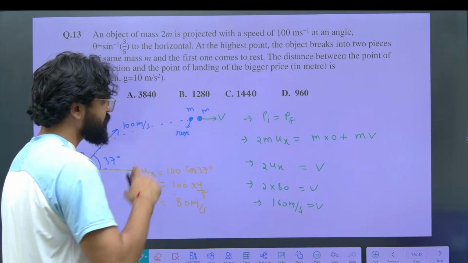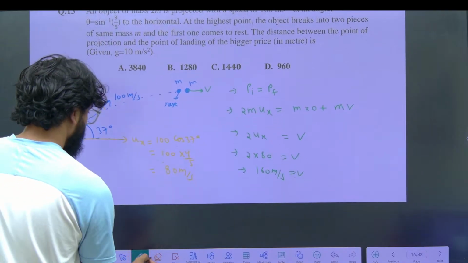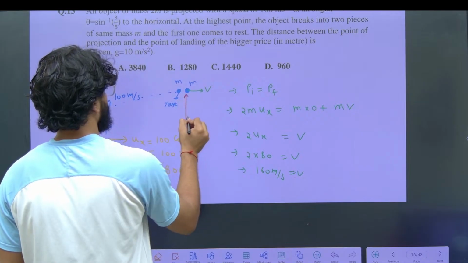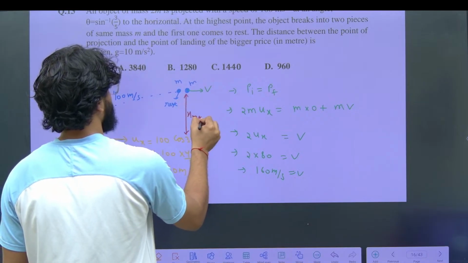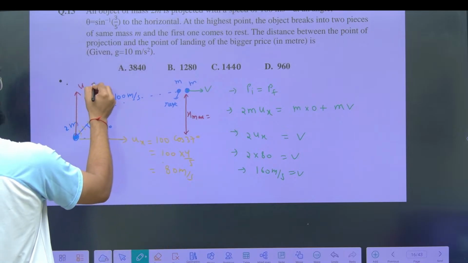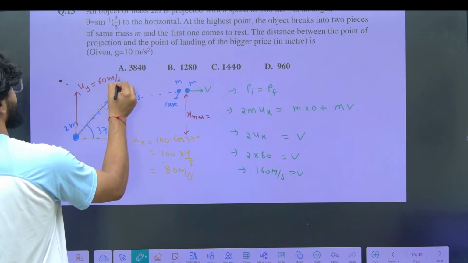है ना? ठीक है. After that, the distance between the point of projection and this. Okay. We can calculate h max from here. H max will be uy square upon 2g. So we have to calculate uy, which will come out as 60 meter per second.